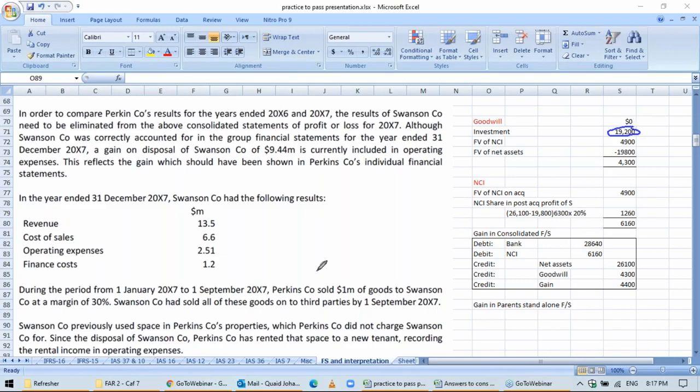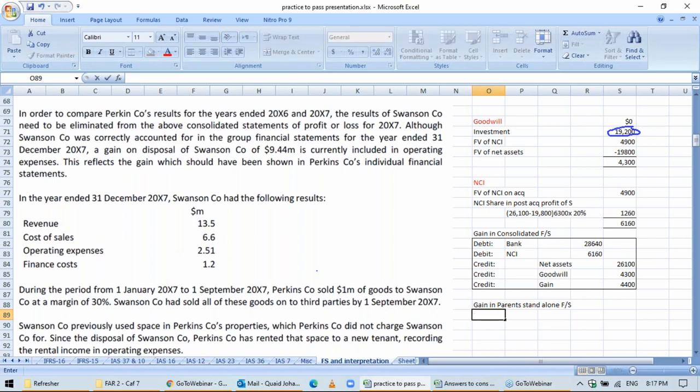Assume that you are making the financial statements on a standalone basis of the parent company, the Perkins company. The investment will be reported there at 19.2 million, and now they sell the shares for 28,640. What will be the gain in the standalone financial statements? They have not asked for this, but I'm just telling you something in excess.